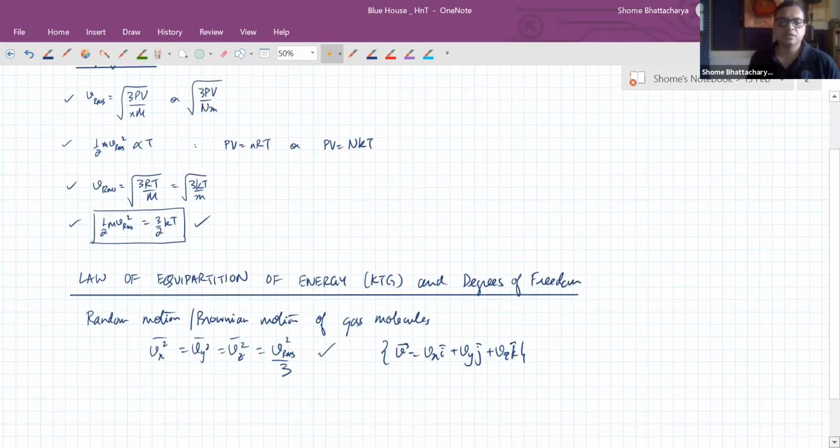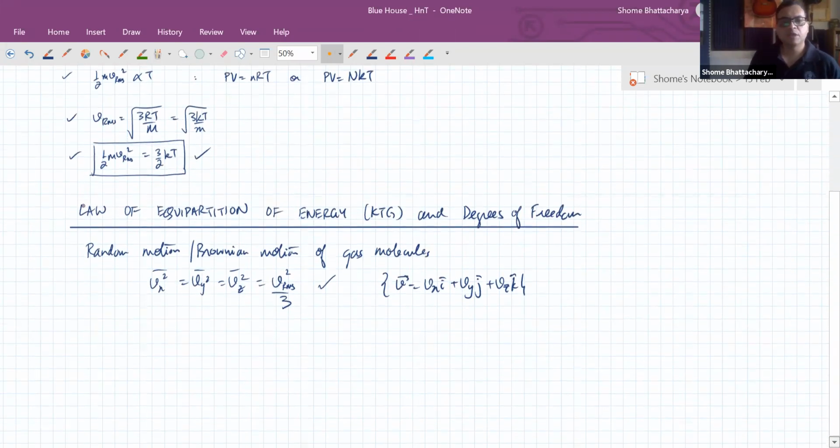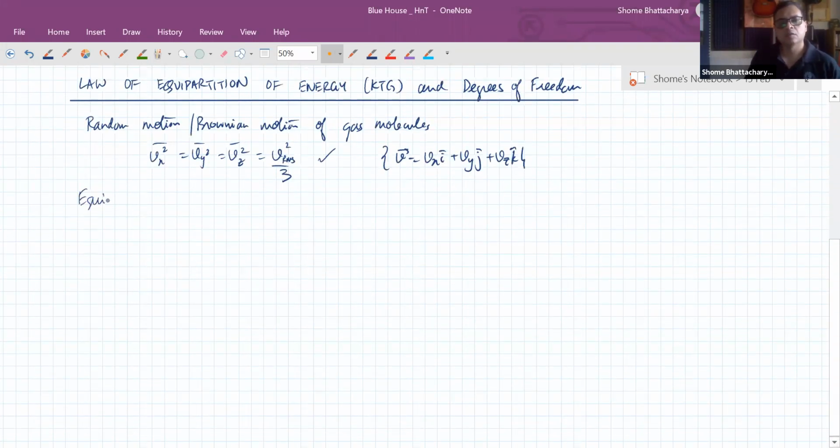Now from this we understand something called equipartition of energy.